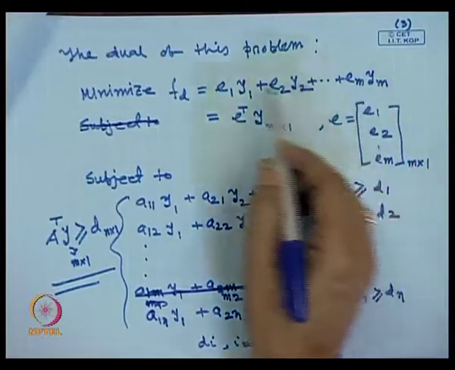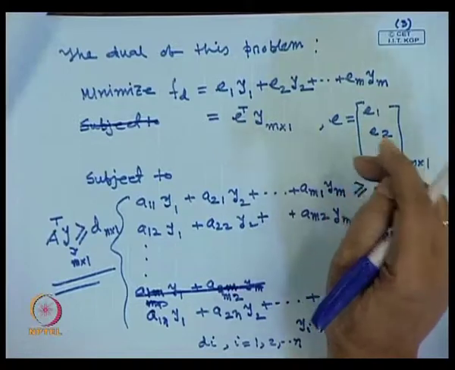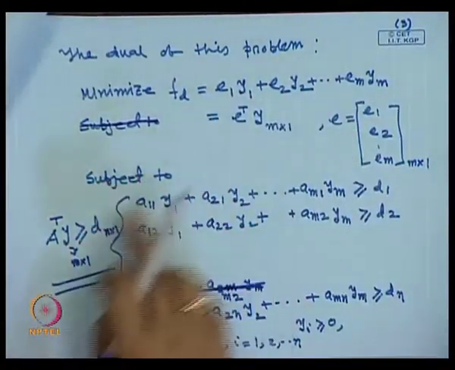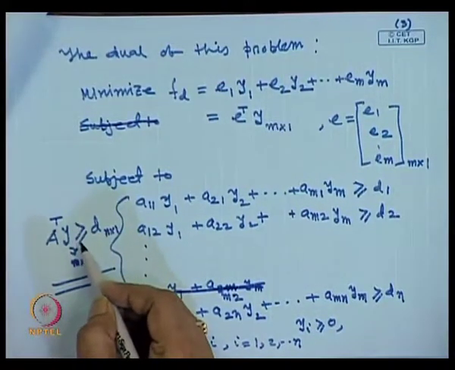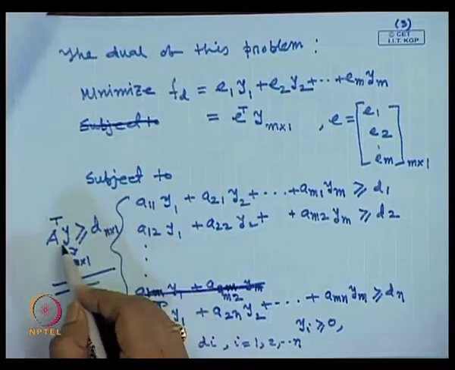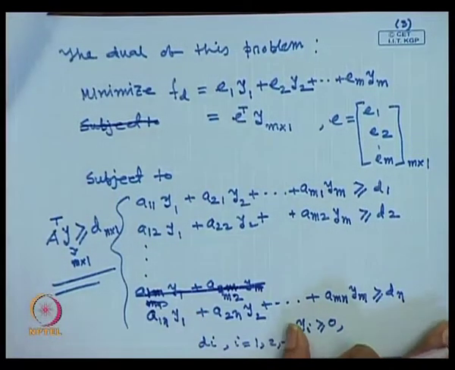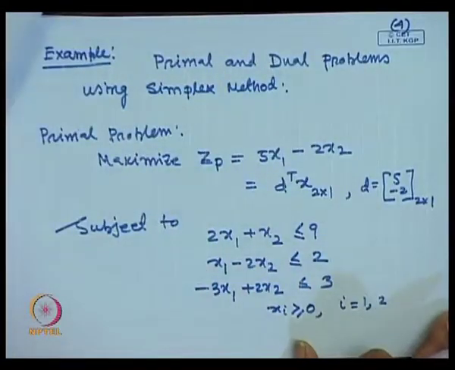So, how many variables will there be? Equal to the number of inequality constraints in the primal problem, and subject to inequality conditions in the form of linear equations. That is what we get when we convert into the dual problem, and we know how to solve this one.